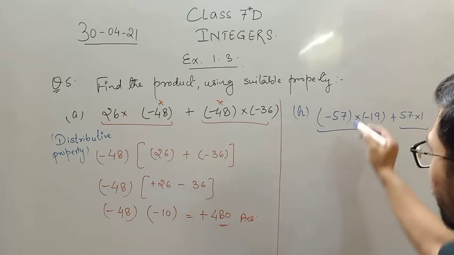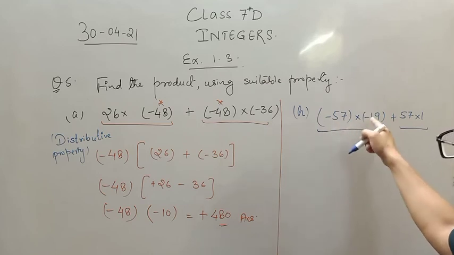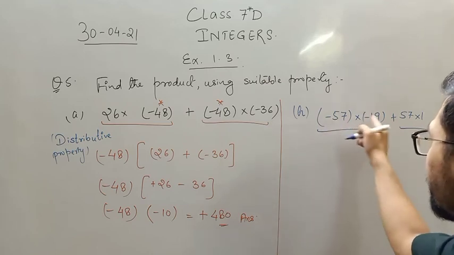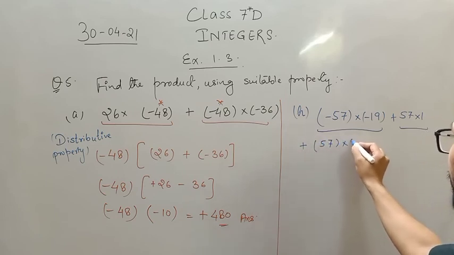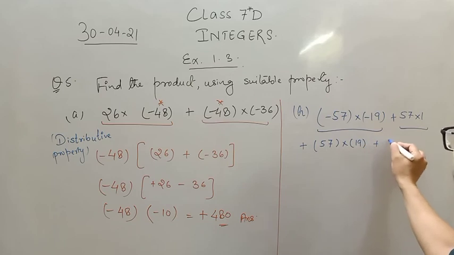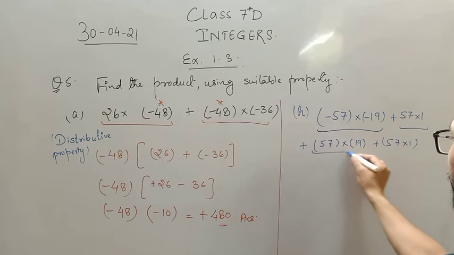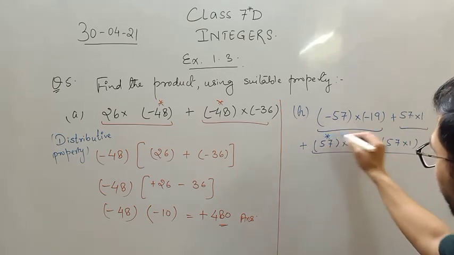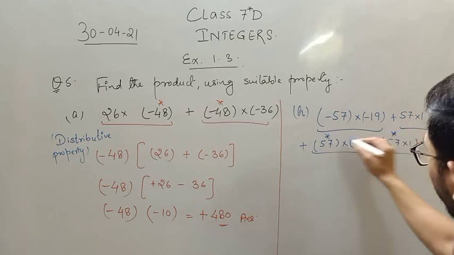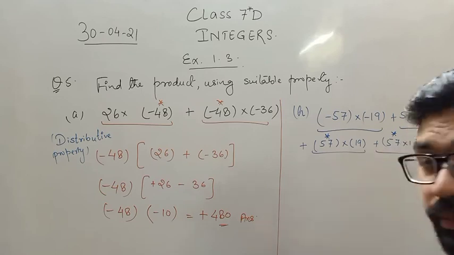How? Again, so here is minus 57 and minus 19, so I can write minus minus plus 57 into 19 plus 57 into 1. I have two terms here, so I can take 57 common from these two terms, right? Because 57 is appearing in both the terms.